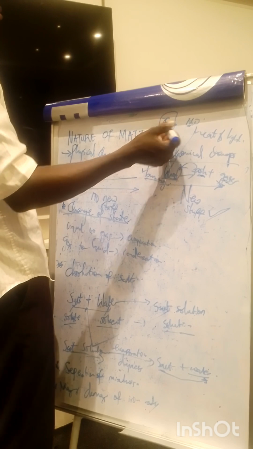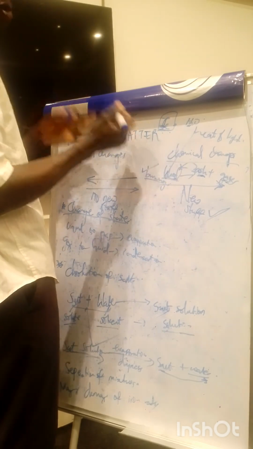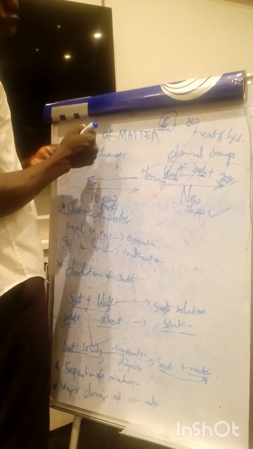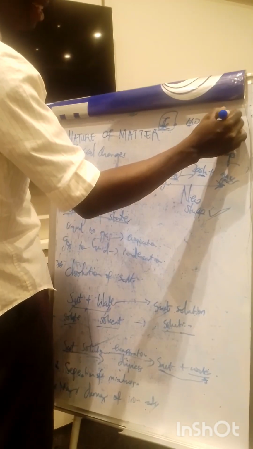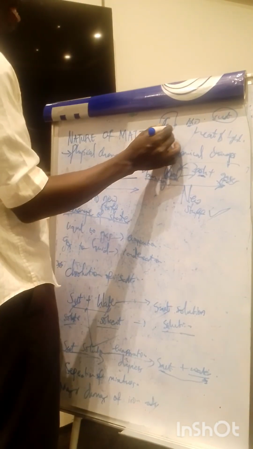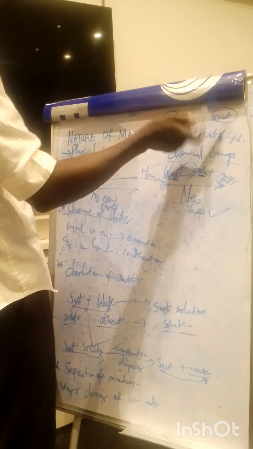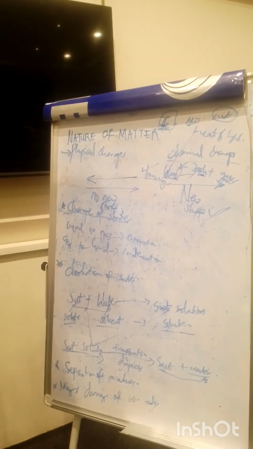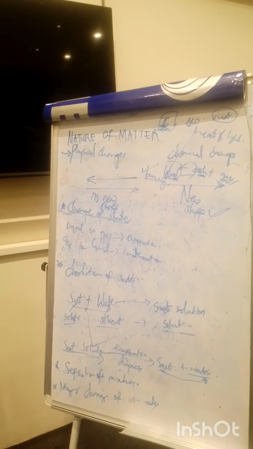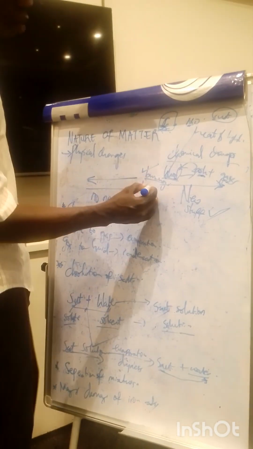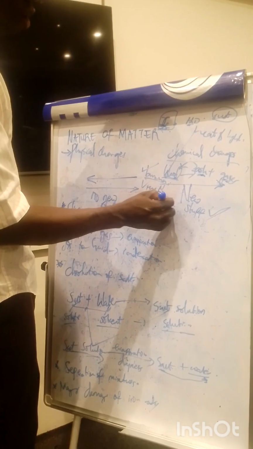So there will be rust, and new substances are being formed. This rust is the new substance that is being formed on that iron. Are you with me? Can you reverse it back to iron again? No, you cannot. So that's why rusting is a perfect example of a chemical change.